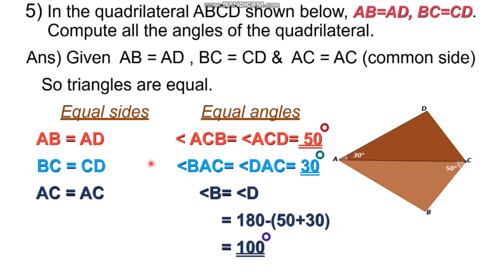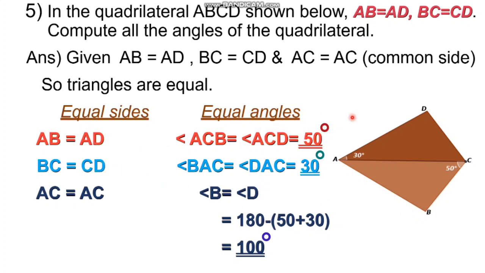Okay, look at here written equal sides. AB equal to AD given. BC equal to CD also given. And AC is equal to AC is common side. Now we are taking the opposite angle of these equal sides. Opposite of side AB is this angle, 50 degree angle. The name of the angle is angle ACB. And side AD.